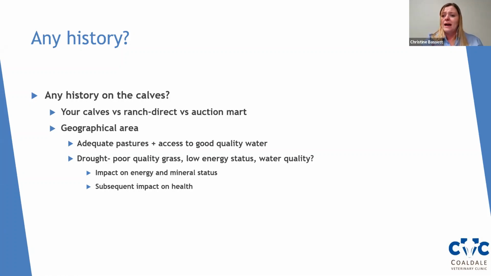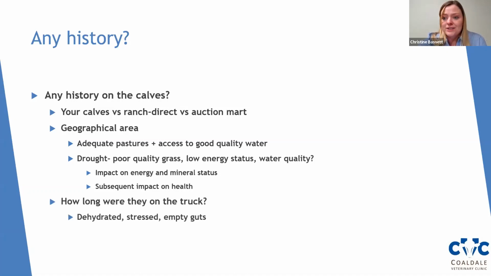A couple of things you can keep in mind, like, did those calves come in off of adequate pastures with good quality water available? Or were they coming in off of poor quality grass, very low energy status, or poor water quality? Because that can impact their energy and mineral status on that calf, as well as their subsequent health going forward.